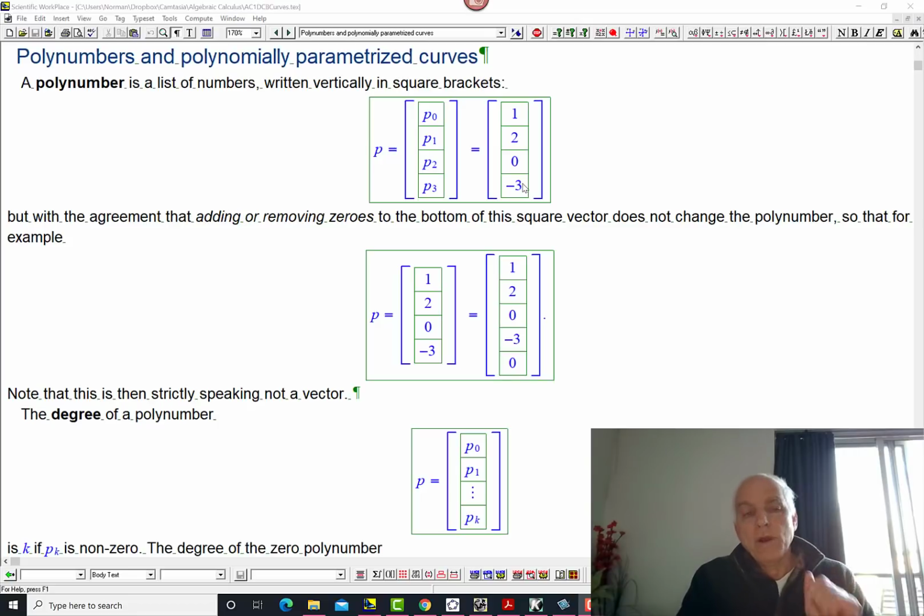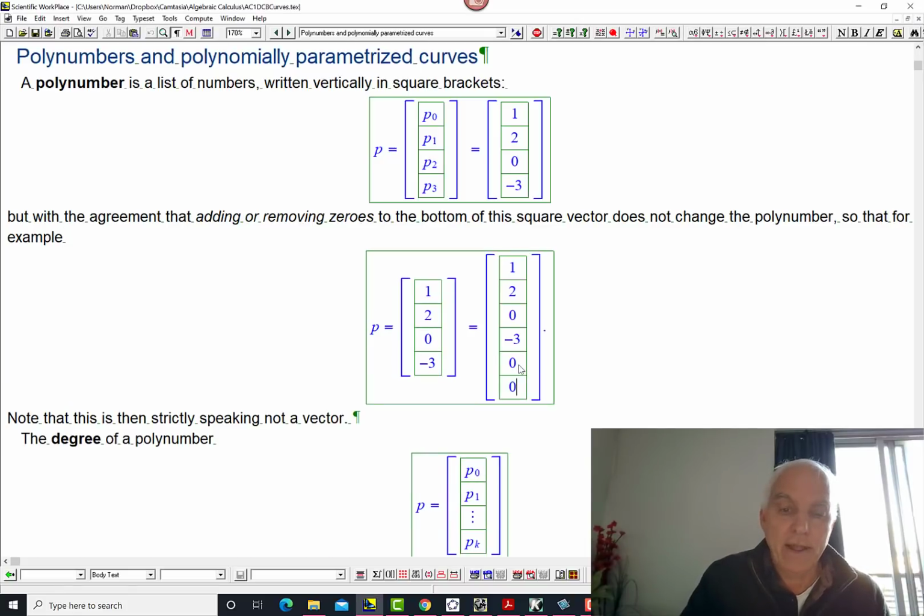Now, we're going to, however, agree that adding or removing zeros to the bottom of this square vector does not change the polynumber. So this polynumber that we've just been talking about is equal to this one here, which is exactly the same, except that it has an additional 0 below the minus 3. And in fact, we could add any number of zeros. So for example, I could add another 0 there, and it would still be equal.